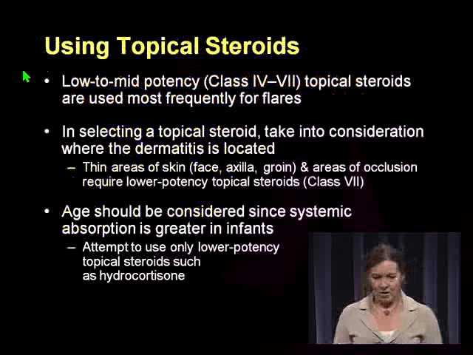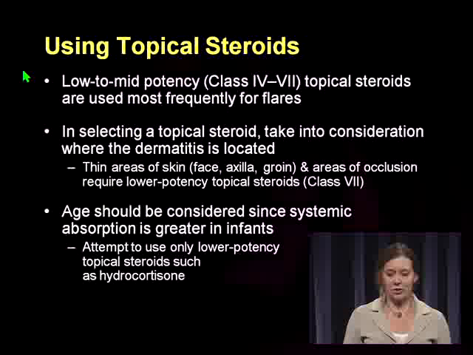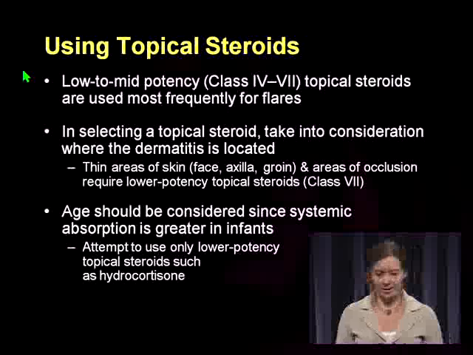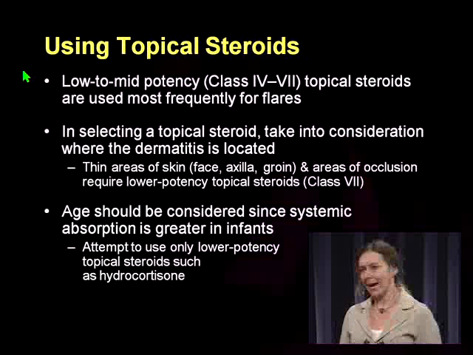So again, low to mid-potency topical steroids are going to be used most frequently for flares of atopic dermatitis in children. And you want to be taking special care if you're treating the face and particularly the diaper area. The diaper area is occluded, which will enhance absorption, so you're far more likely to develop some of these side effects like atrophy of the skin and more absorption.